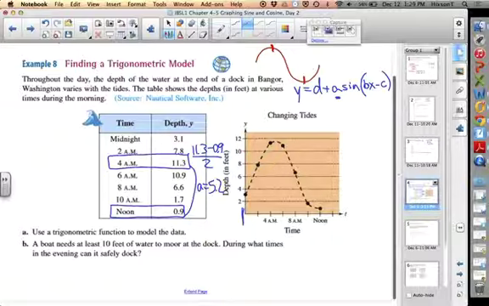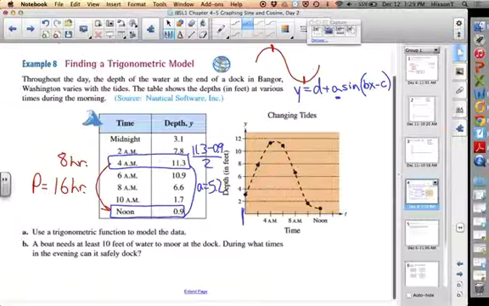From 4 to noon is 8 hours, so that means my period is 16 hours. Does everyone get that? Our midline must have occurred 4 hours back, and our midlines are going to occur again 4 hours after this. We have a total of 16 hours for our period.